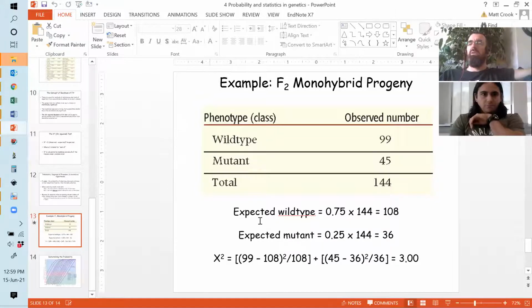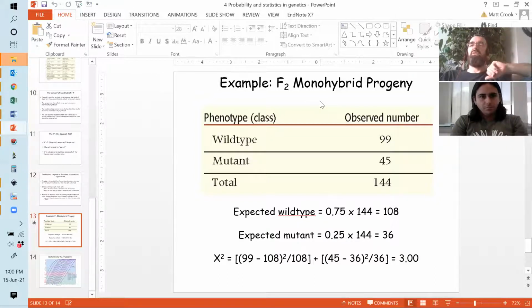Okay. So these are our probabilities based on our hypothesis, essentially, right? And so in a monohybrid cross, we always know exactly what happens at each step, right?